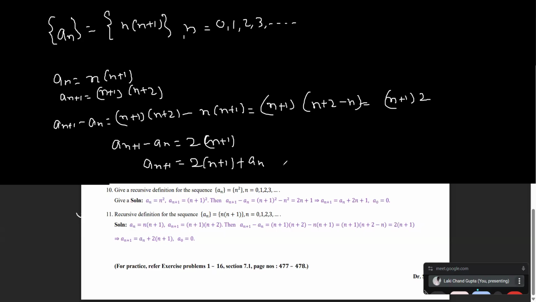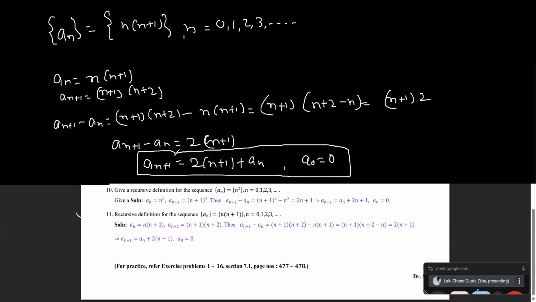Plus a n, right? Where a0 starts from 0. Okay. This is your recursive relation. Yes. Note down this. Noted? Okay.